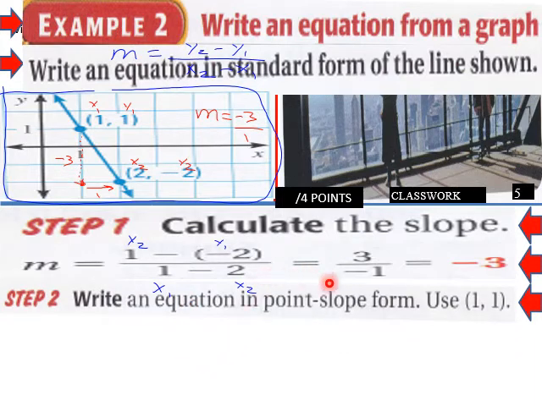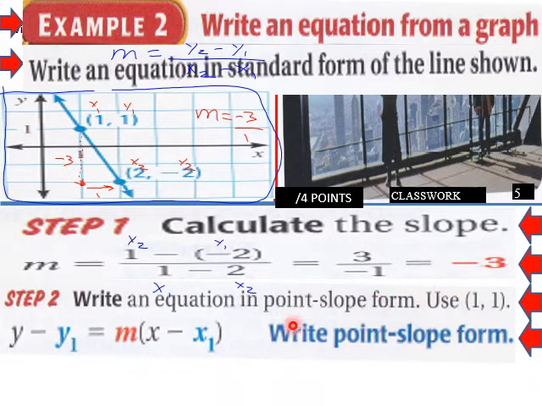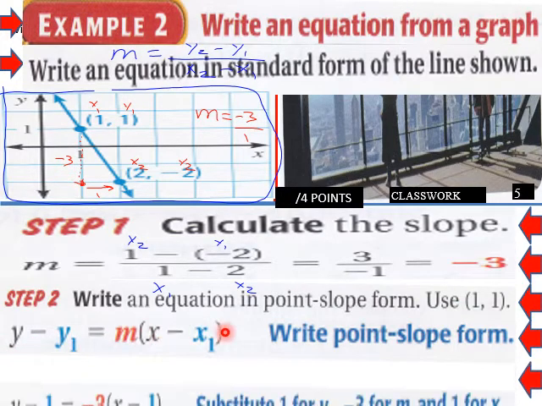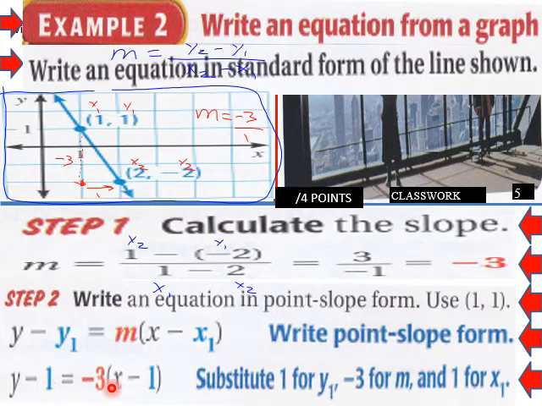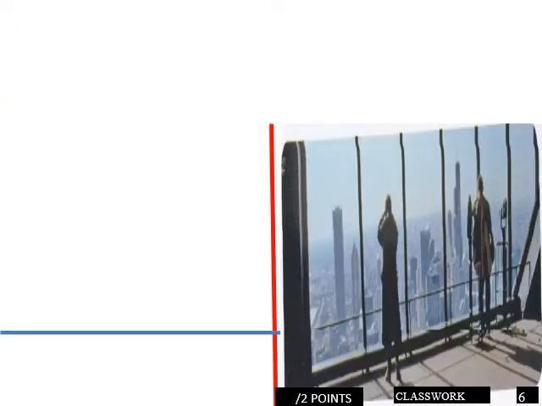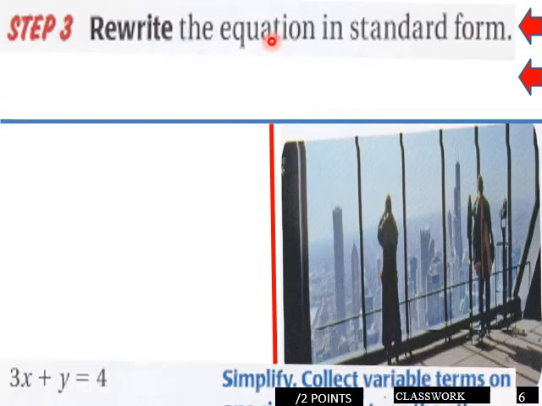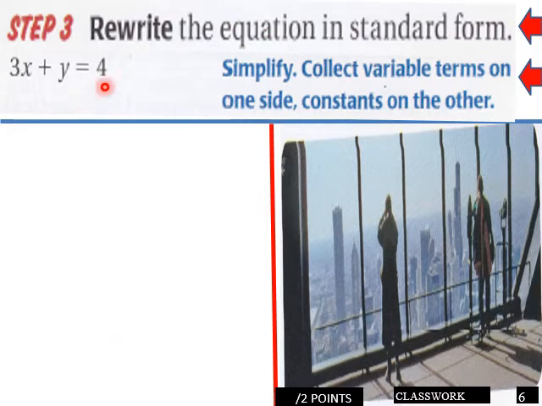Now write an equation in point slope form, use (1, 1). So here is our point slope setup. We have a point here, and then we have our slope, negative 3. Rewrite the equation in standard form now. When we move everything over to the left, our variables, and then our constant on the right, this is what we get.